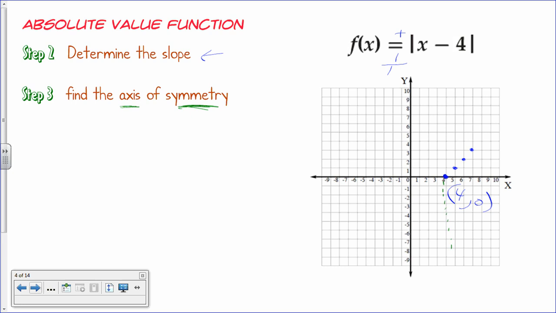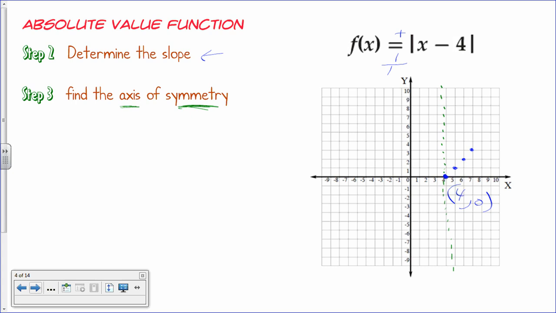So what I'm going to do is draw a dotted line right there. That's my axis of symmetry. Axis of symmetry basically means that I can take this and I can fold it over and I have what's called a what? A reflection. Okay? So the left side is going to be the same as the right side.